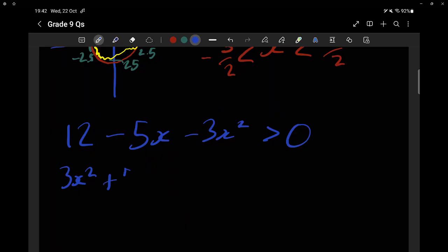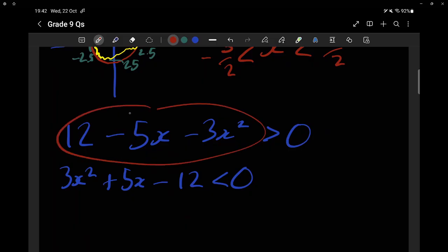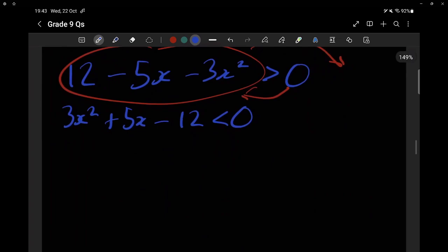So then plus 5x minus 12, because we brought it to the other side, that now means it's less than 0. Okay, so because you've moved this over here, the inequality sign switched as well, so it's now less than 0. Doesn't make a difference with solving. So same process.